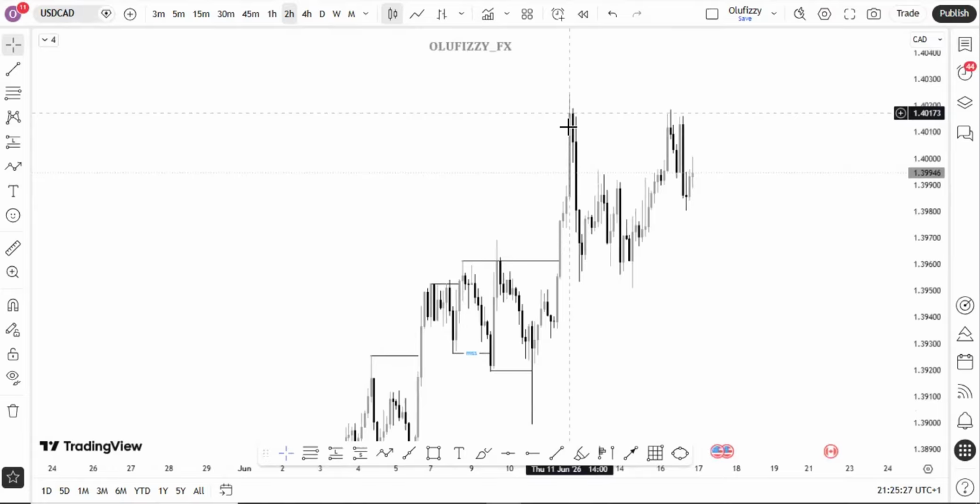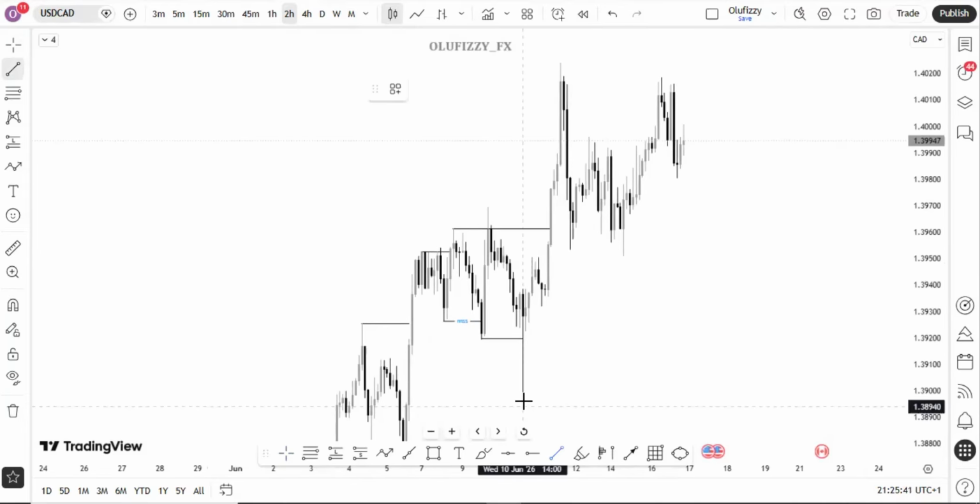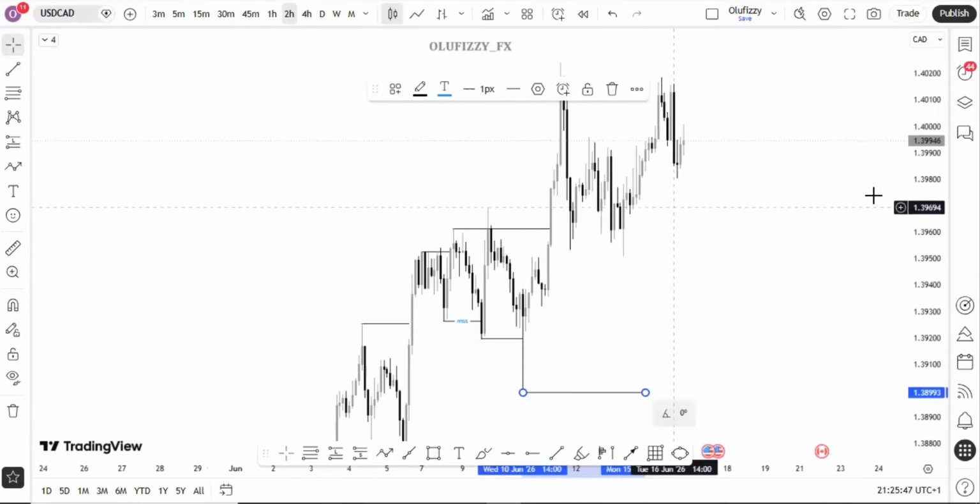And currently on this particular pair, we are still in a bullish market condition, and what we want to be looking for is buys. According to what we can see now, our major range is from this low to this high.